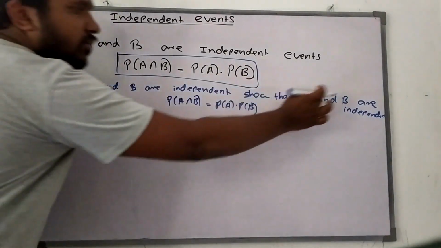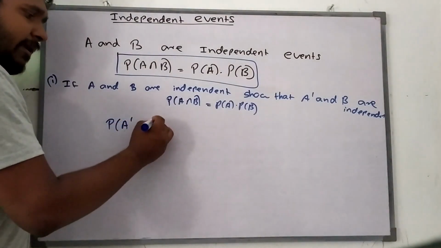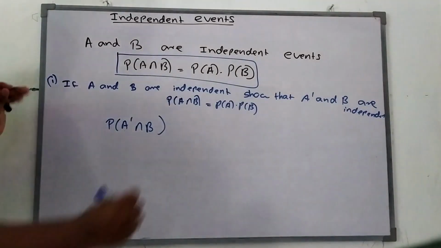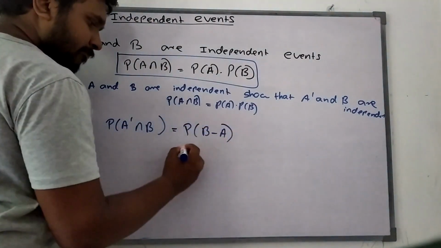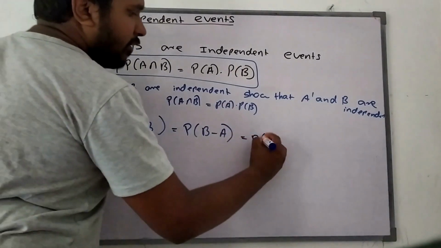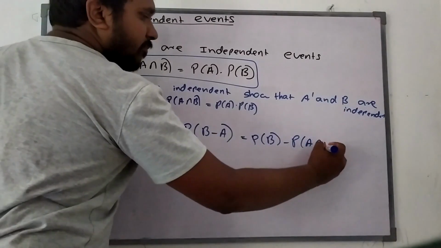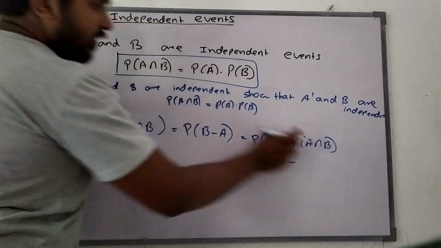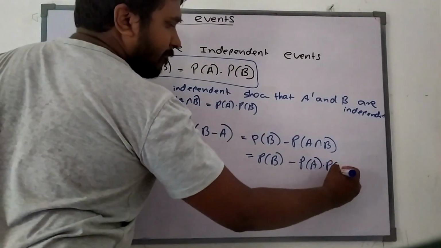How to prove A dash and B are independent? A dash intersection B is actually B minus A. So P(B minus A) means P(B) minus P(A intersection B). What is this? This is equal to P(B) minus P(A) into P(B).